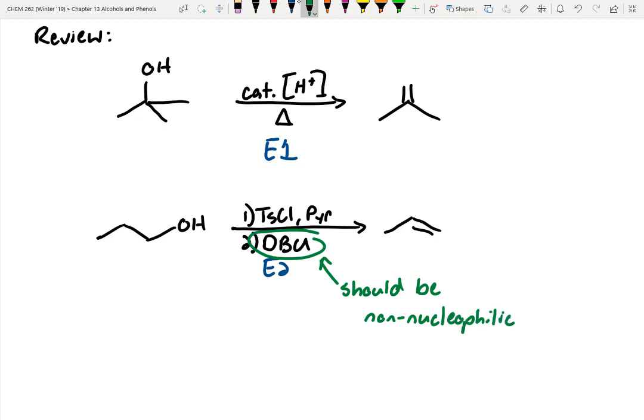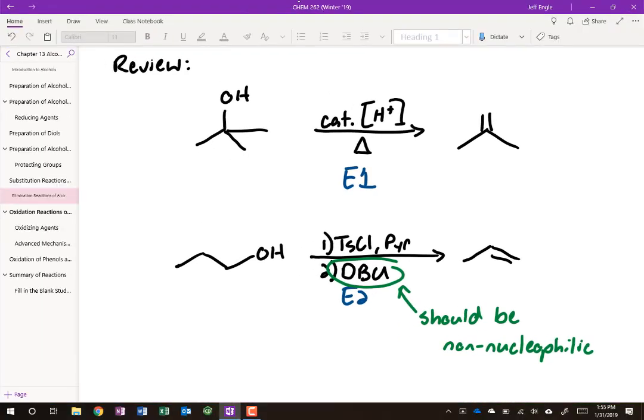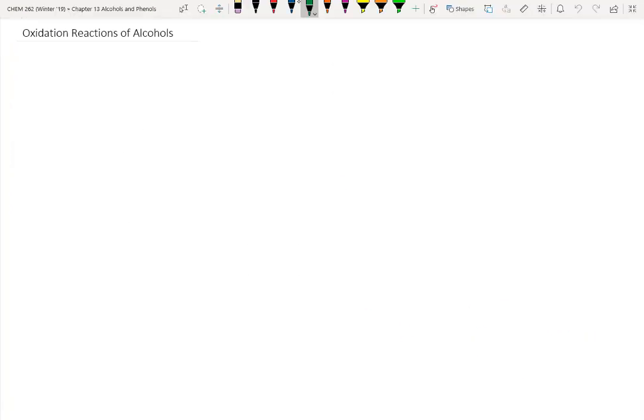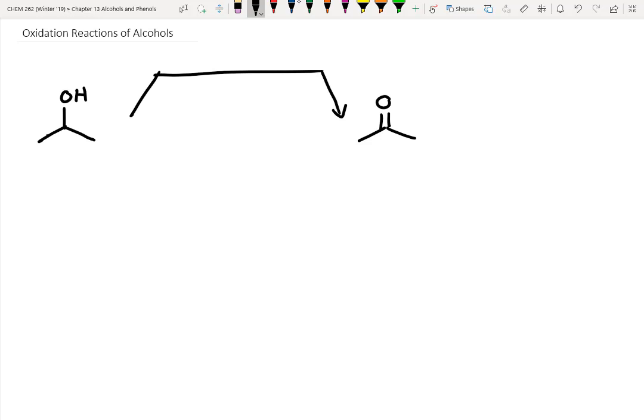All right, so now the last chunk of the chapter, oxidation of alcohols. So let's say we've got this alcohol here. What we can do is we can convert this directly to a ketone. Would this be an oxidation or a reduction?